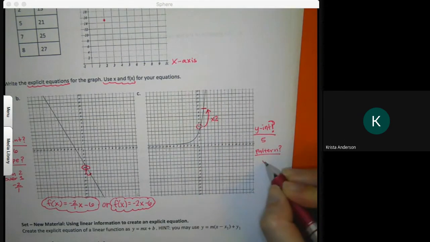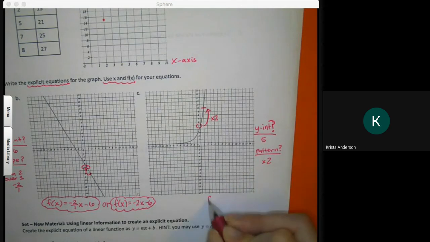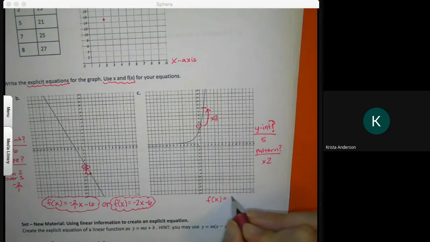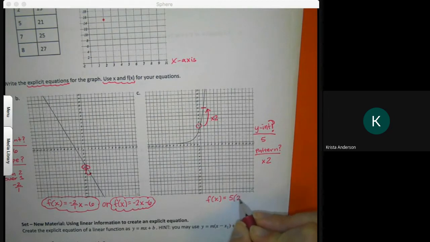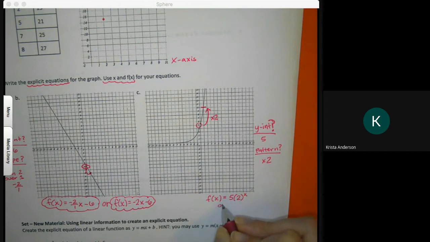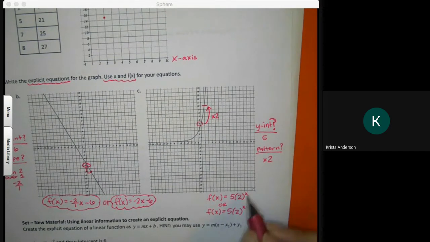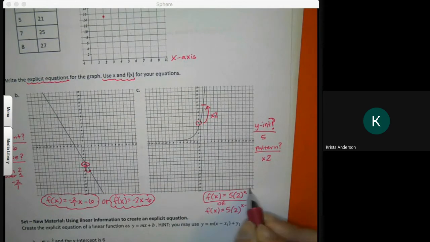So I would say f of x is equal to start with 5 times 2 to the power of x, or I could say that it's x minus 0. You can pick which one you want to type.